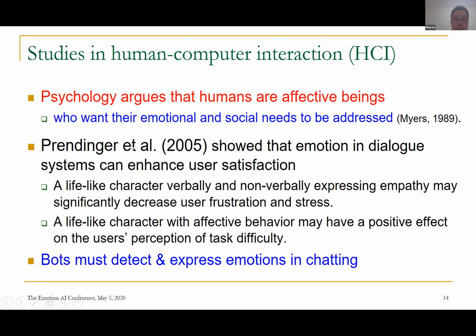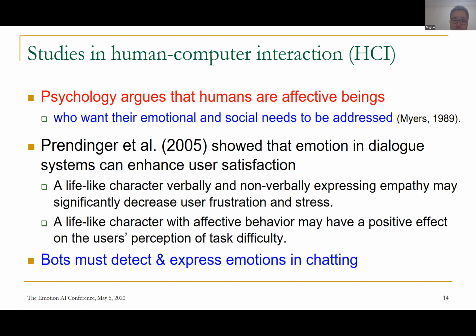And so this is the first finding, which shows that emotional dialogue enhances user satisfaction. This was a quiz kind of experiment they did. They used lifelike characters, which can do verbal and nonverbal expressions of empathy, and then they played a quiz game.